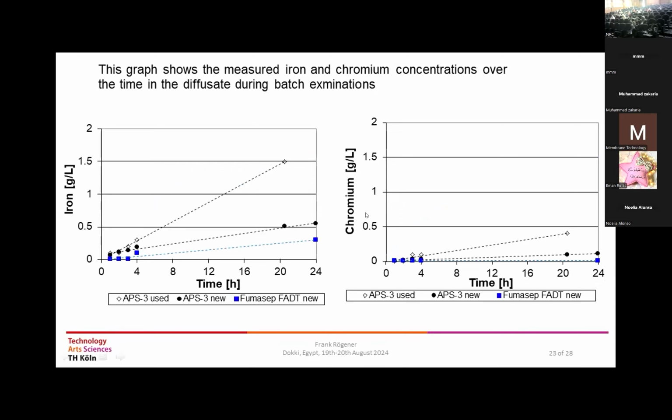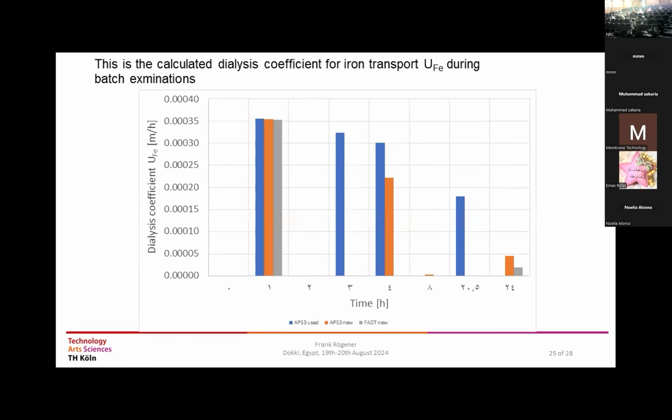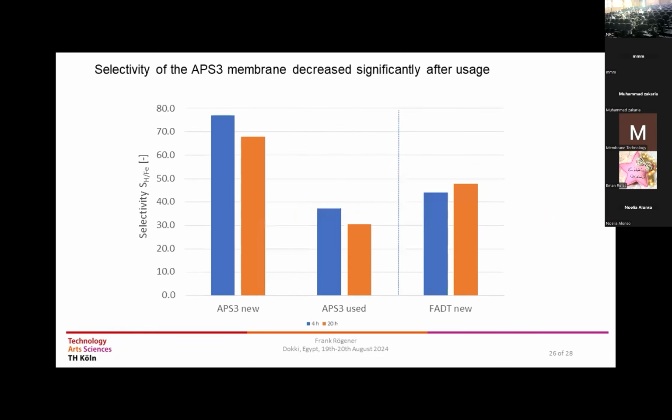As I said, we do not only have positively charged metal complexes, but also neutral or negatively charged species. This is one aspect, and also the membranes were partially already degraded. So again, we calculated diffusion coefficients, and the most important thing is the selectivity of the membranes that we compared.